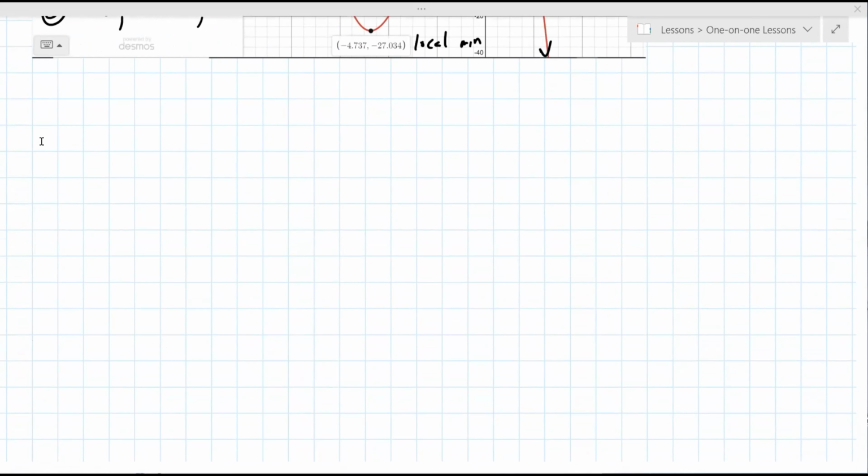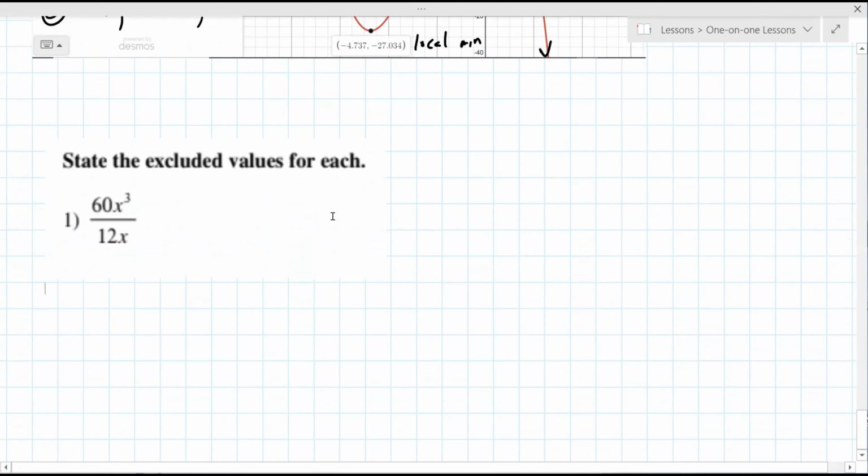So when it says excluded values, what they really mean is where the function is undefined, but they're not even giving you a function, so it's a little bit weird. These worksheets are terrible, but they're great for teachers because they can just grab them, print them out, and send them to you guys. Really, it should say f of x equals 60x cubed over 12x.